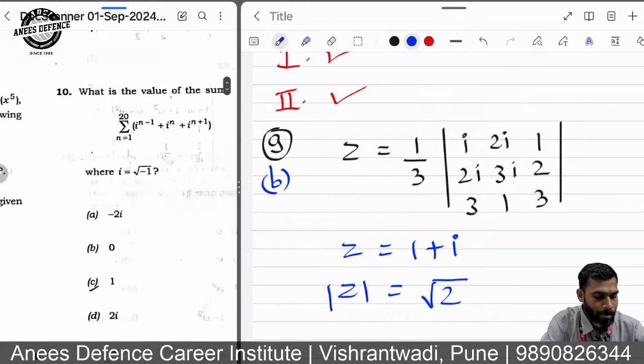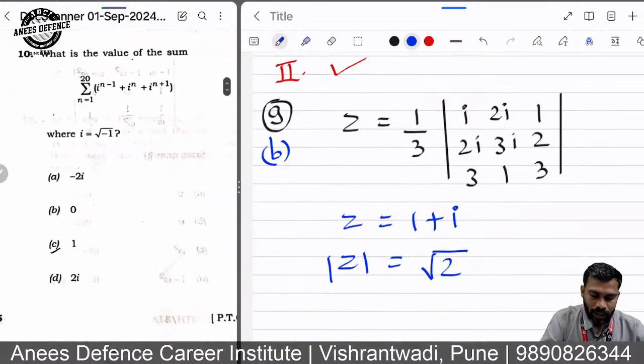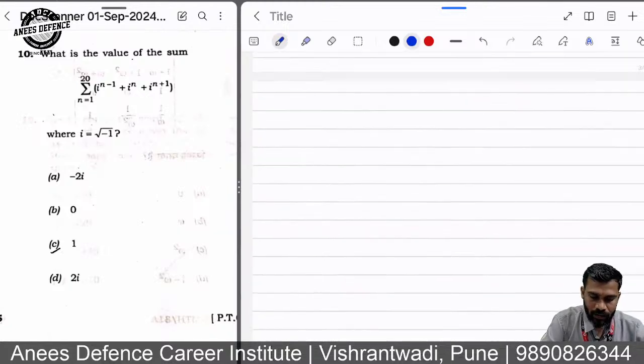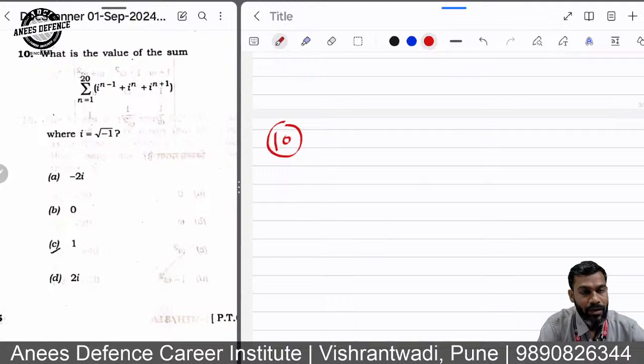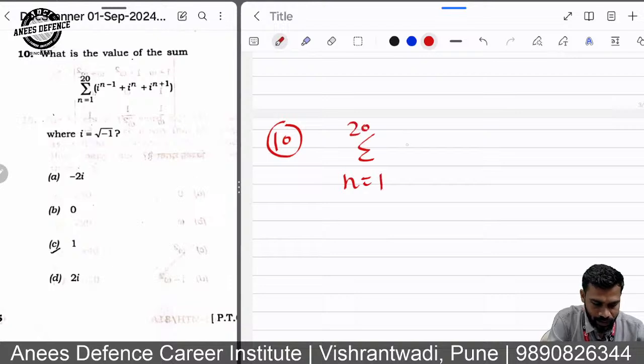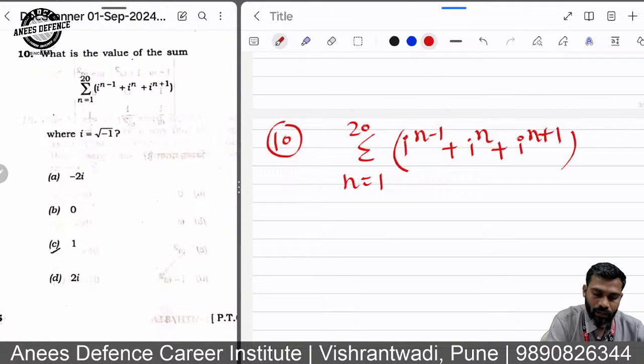Number 10. Again, this is very easy. We already know that the sum of 4 consecutive powers of iota is 0. So as you can see, n is equal to 1 to 20 we have. Now iota raised to n minus 1 plus iota raised to n plus iota raised to n plus 1, right?